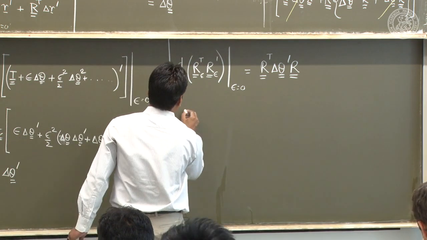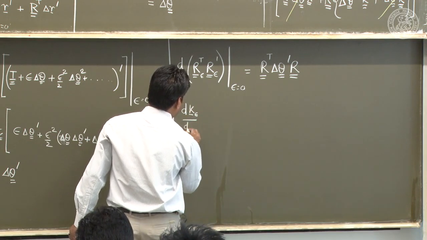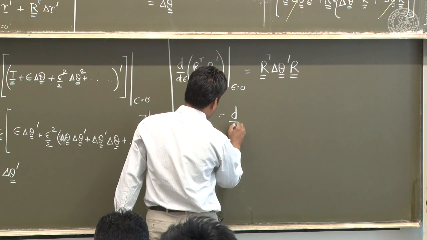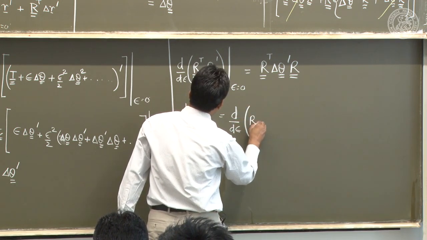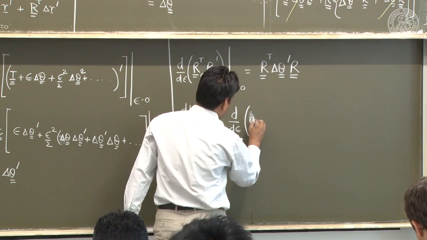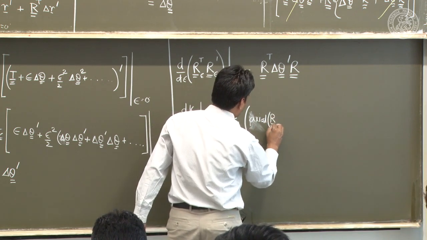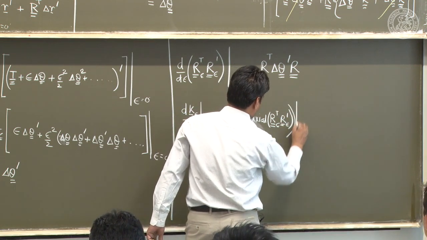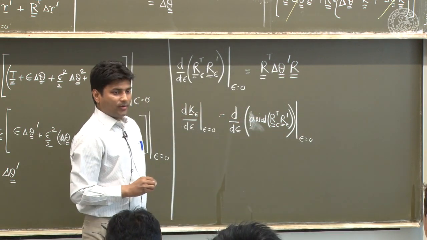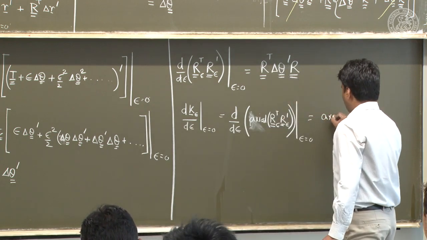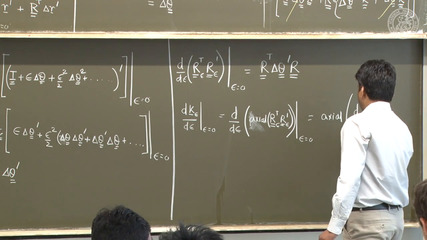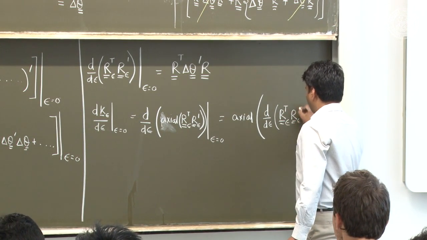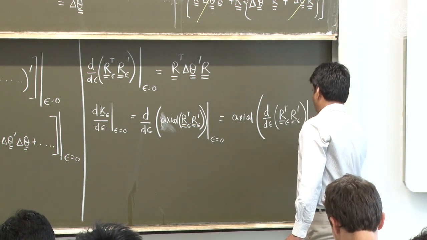But we wanted to get dk epsilon over d epsilon at epsilon equal to 0, which is d over d epsilon of the axial of r epsilon transpose r epsilon prime at epsilon equal to 0, which is same as axial of d by d epsilon of r epsilon transpose r epsilon prime at epsilon equal to 0.